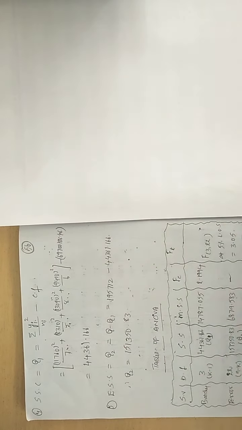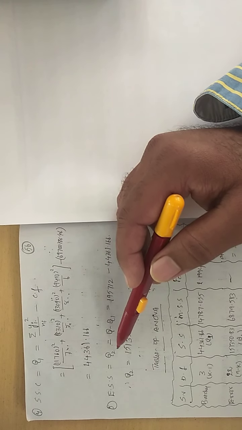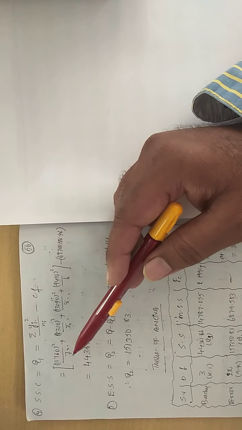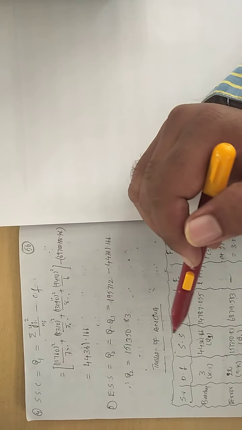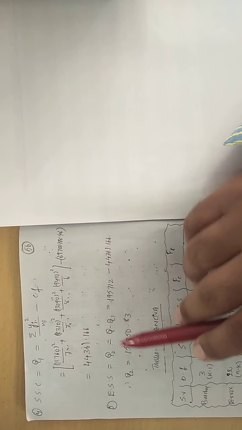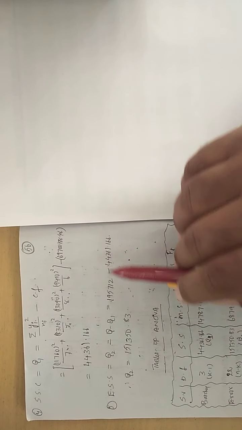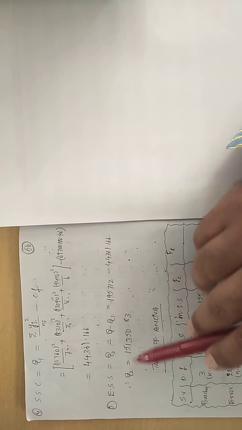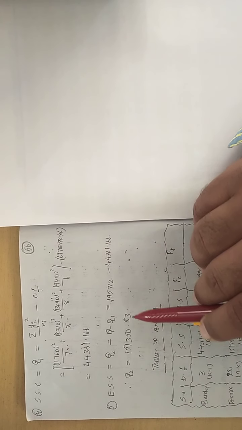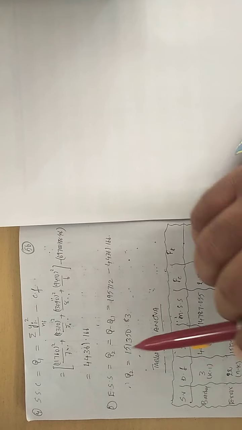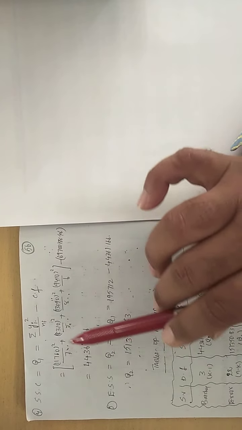Always remember that the last Q value you get is the subtraction of the above values you calculated. That means Q2 is nothing but Q minus Q1. So the Q2 value you are going to get is 151,350.83. Understand?